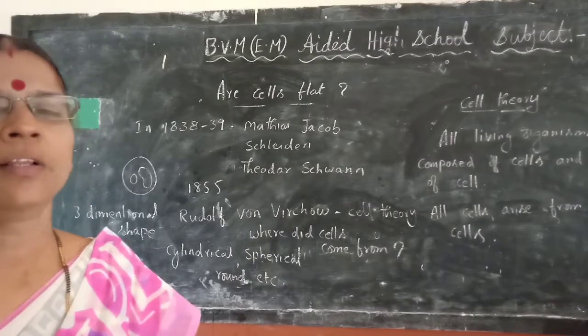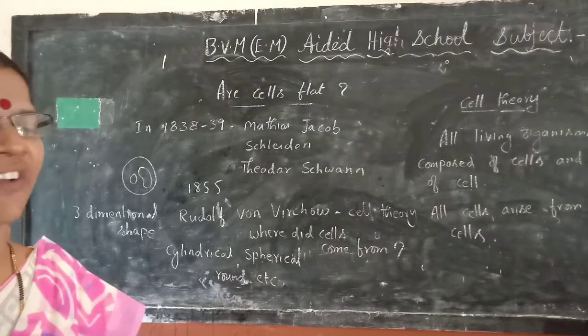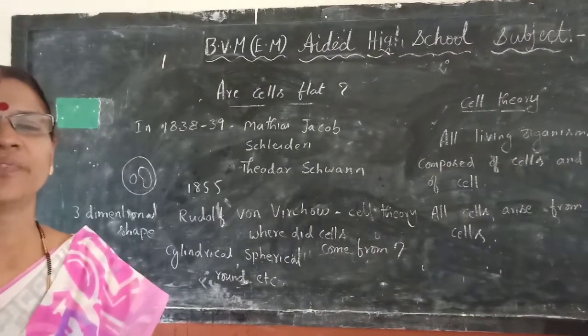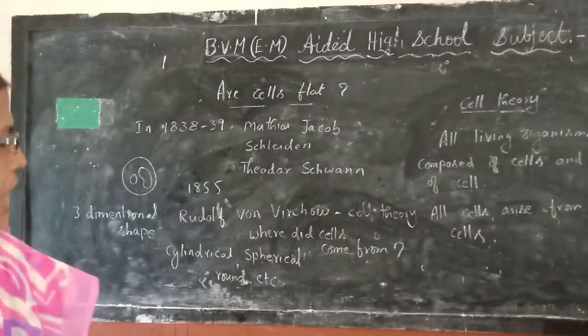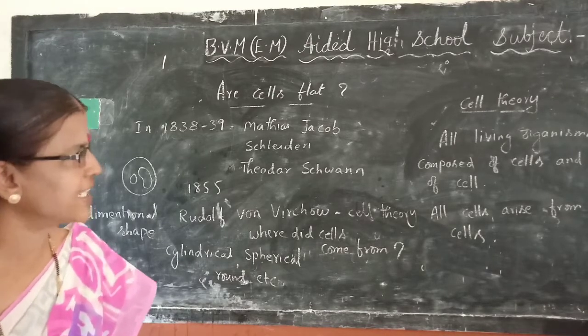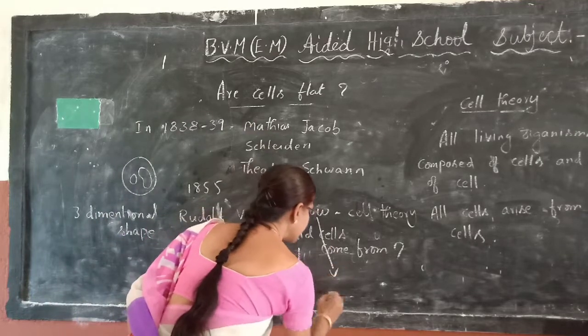These two people said that cells are the basic unit of life, but they did not say how cells come about. Rudolf Virchow said that new cells come from pre-existing cells.